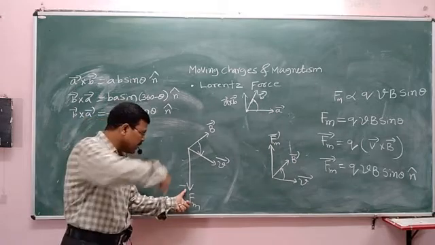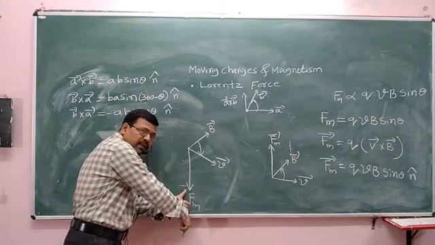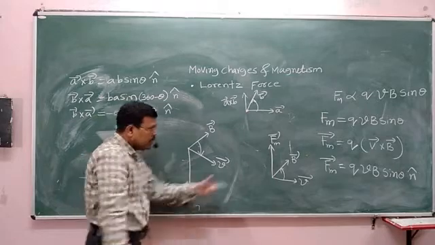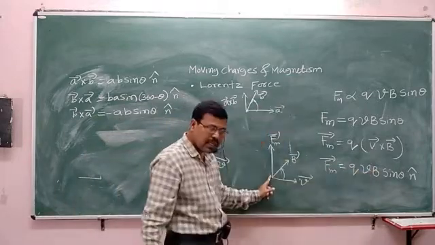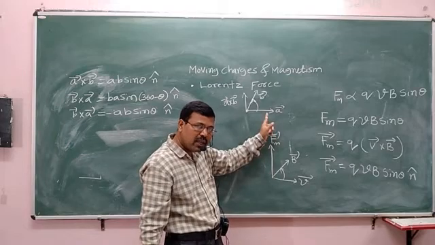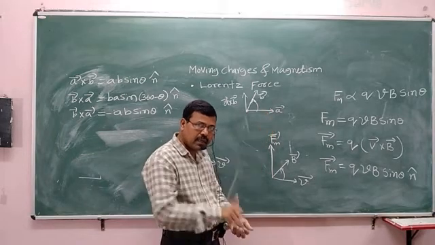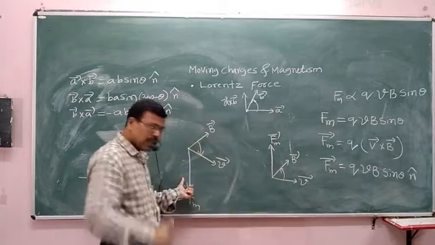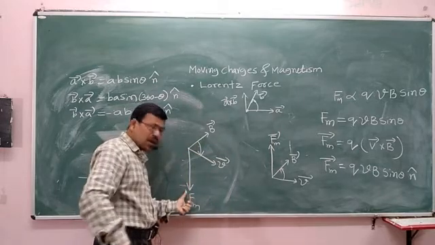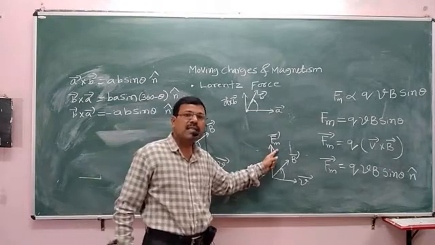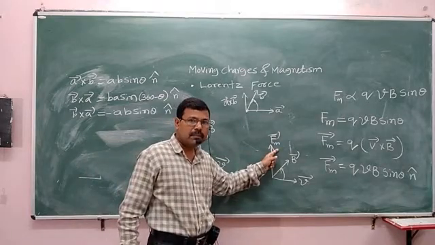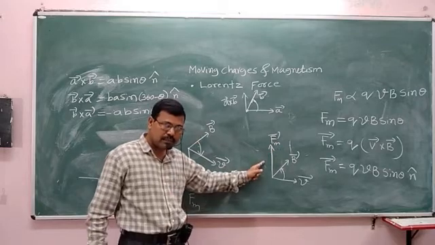Minus indicates that the direction of the magnetic force is downward. In this case, it is plus QVB. Plus indicates the direction of force is vertically upward. This is minus QVB sin theta. This is plus QVB sin theta. So directions are opposite.